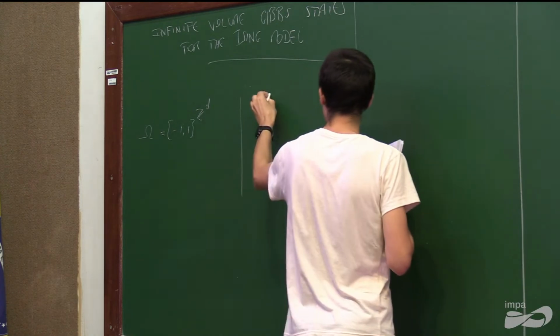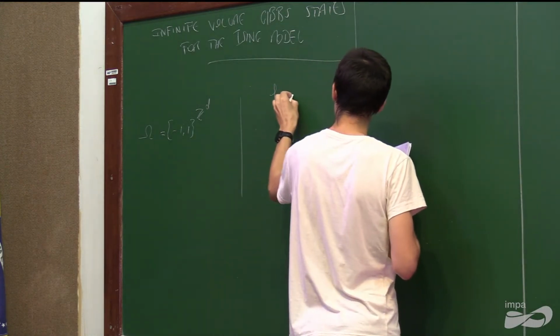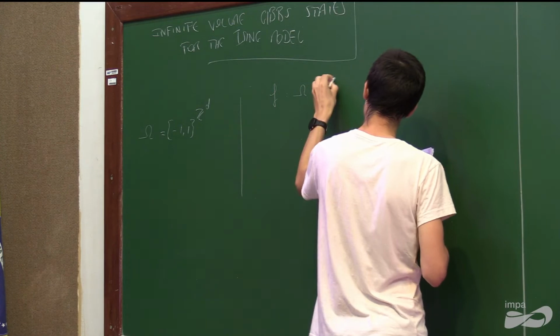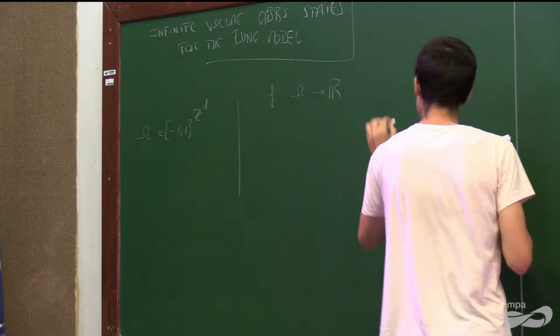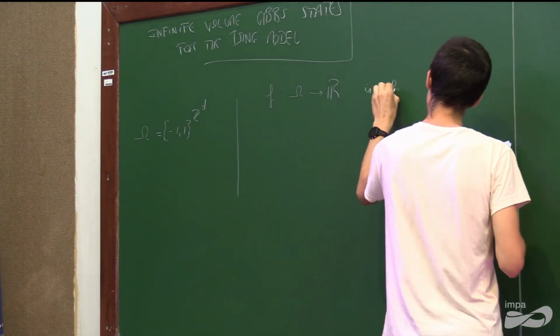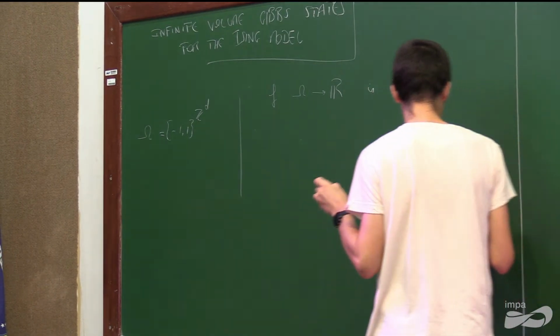And we say that f, a real valued function defined on omega, is local. And I will first give an informal definition.